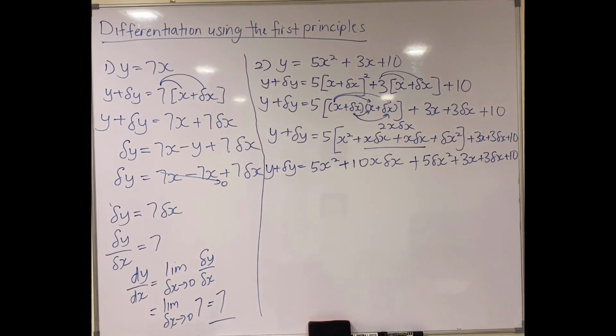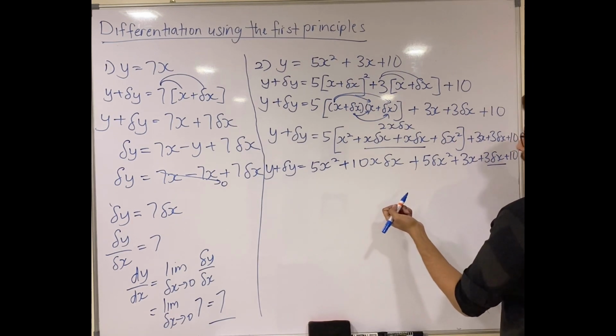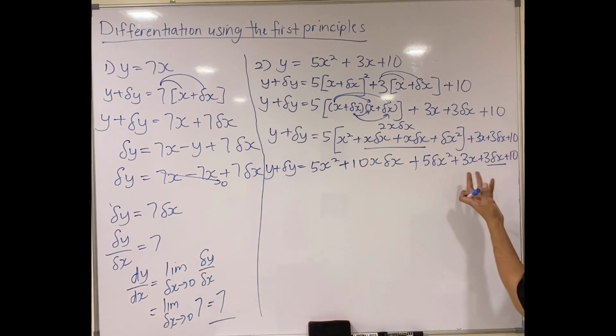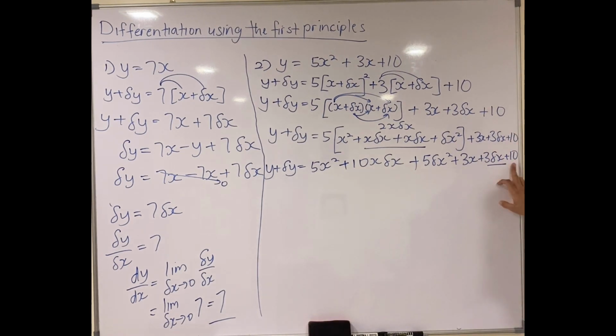Okay guys, now are there any similar terms which you can add? From what I can see here, you have 3 delta x, and actually there's nothing that you can do, so just leave it here.